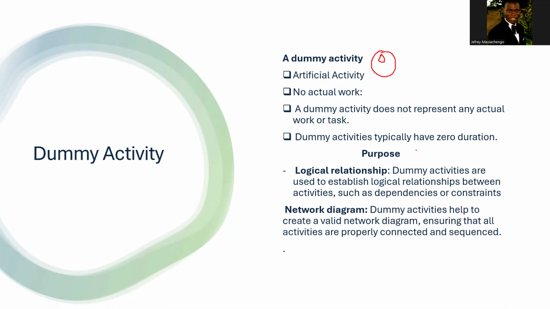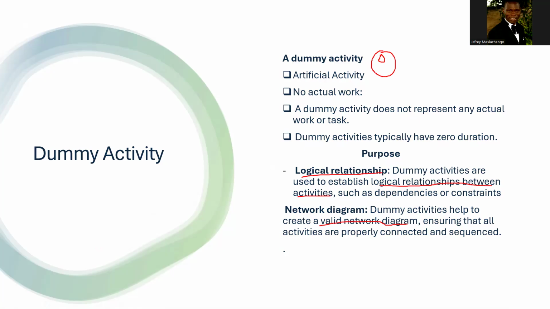Okay, what is the purpose of a dummy activity? Logical relationship. Dummy activities are used to establish logical relationship between activities. Dummy activities help to create a valid network diagram. At times we have got rules that we are supposed to follow when we're drawing these network diagrams.